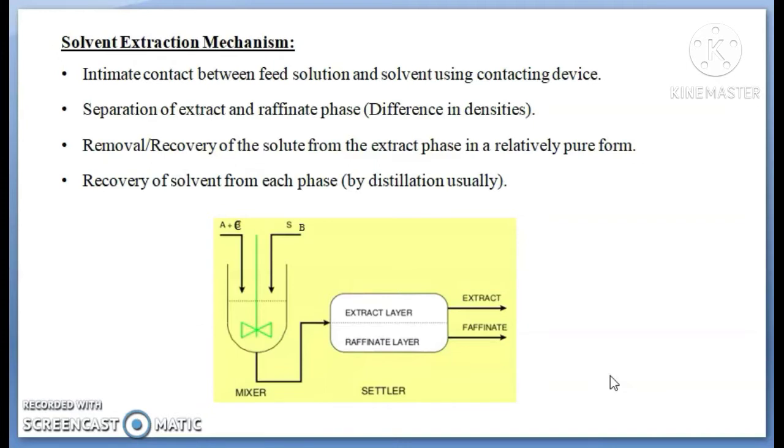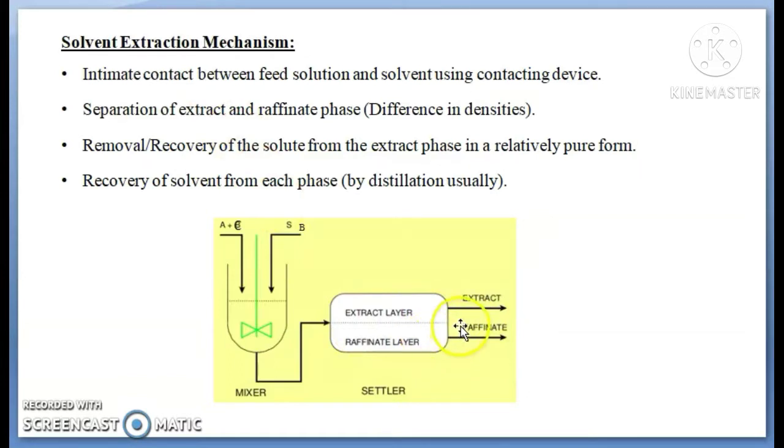First of all, this figure indicates one mixer provided so as to make intimate contact between the feed solution and the extracting solvent using the contacting device called a mixer. The mixer is followed by a second stage for settling to achieve the separation of the extract and the raffinate phase based on their difference in densities.